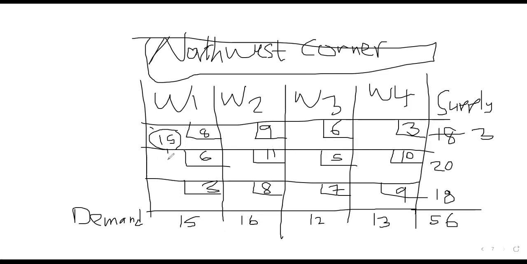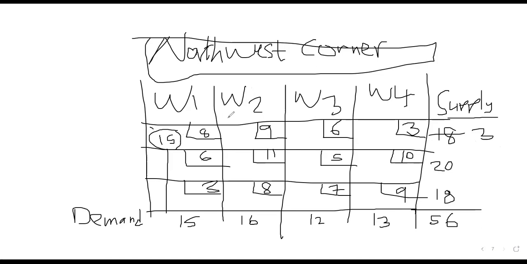Since here we are satisfied with our demand, you can go to the other W, that is W2. But here we are still supposed to finish supplying the 3. So where they are meeting is this and this one. So it's here where we need to make sure we supply the 3.